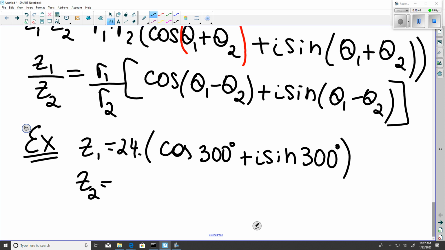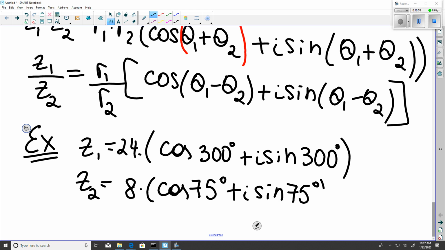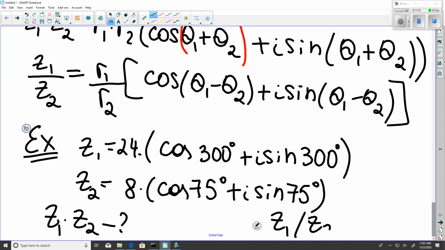Z2, 8 cosine 75 plus I sine 75. Let me find Z1 times Z2. And I would like to find what is Z1 over Z2. Just use these two formulas which we just discussed. Whenever you're ready, I'll scroll this up and I will show you. Or you can go ahead and start working on that and just check with me on the board.